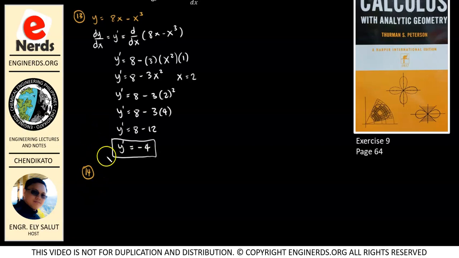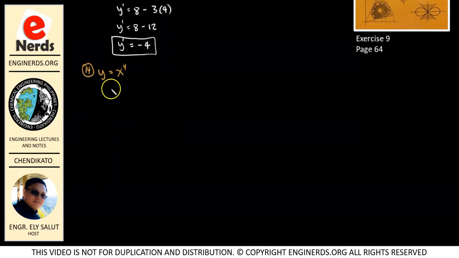So, problem number 14 is y is equal to x to the 4th. Okay, so, to answer that, we need to get dy over dx, which is also equal to y prime. And this is d over dx of x to the 4th. Okay, so, y prime is equal to, baba natin yung exponent, 4 times x. 4 minus 1 is equal to 3.